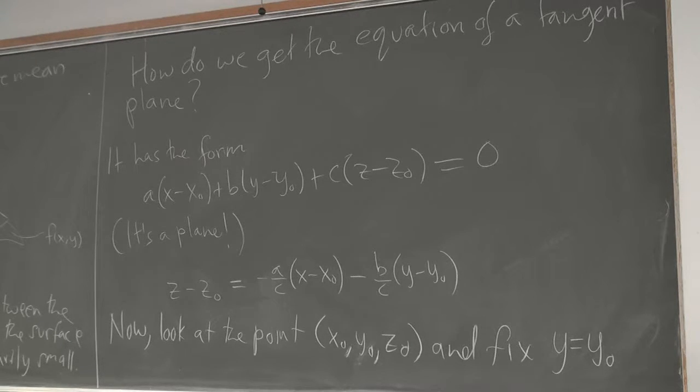Then you have z minus z0 is equal to minus a over c times x minus x0, right?